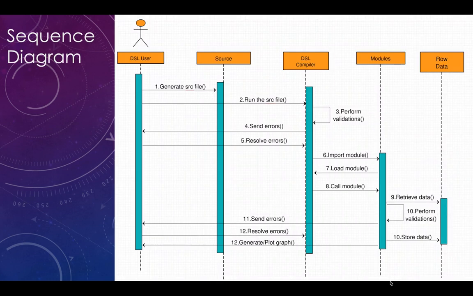And this is a sequence diagram. The DSL user creates a source file, and the source file will be used by the DSL compiler, and it will compile and check whether there are any syntax errors.